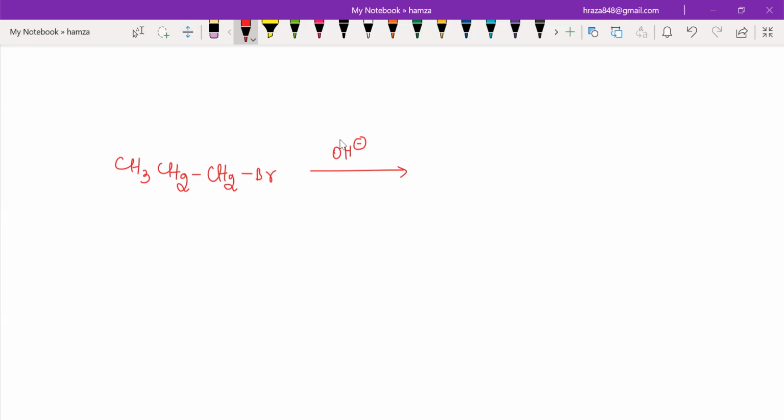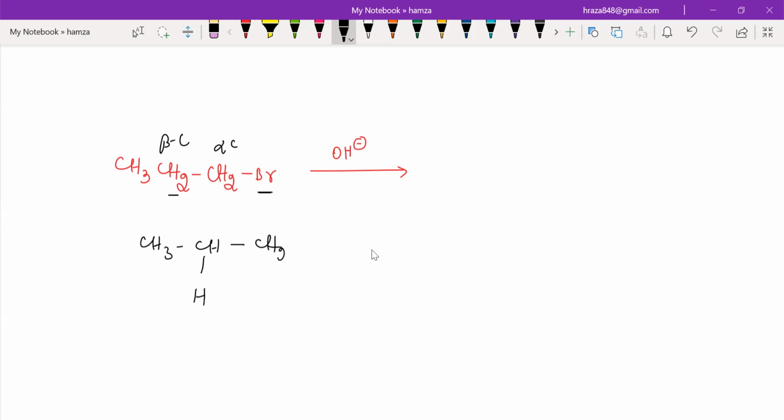See what happens here. First of all, you need to see this is the alpha carbon, this is the beta carbon. So one of the hydrogens from here and the Br from here will come out. So there will be a double bond. The main product will be like this.